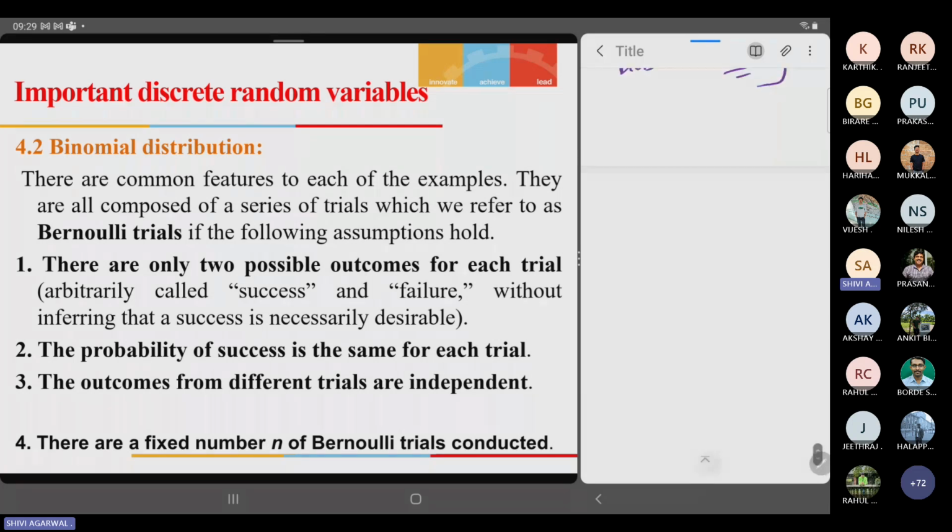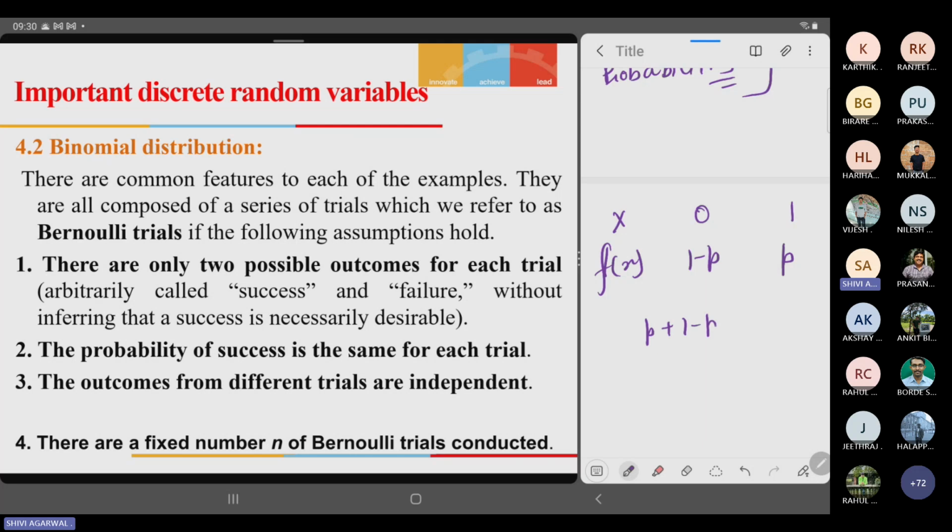So X has only two values, 0 and 1. For the density function, let us suppose success has probability P. So failure is 1 minus P, because P plus 1 minus P should be equal to 1.